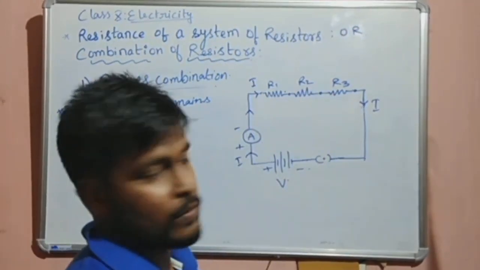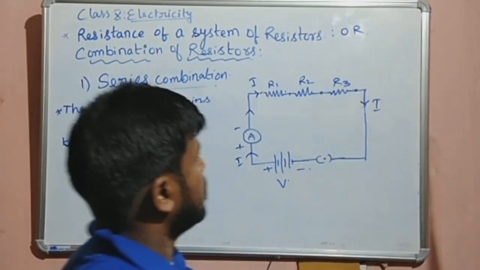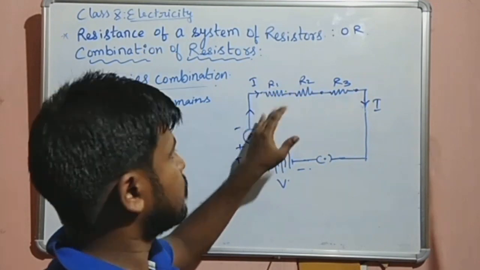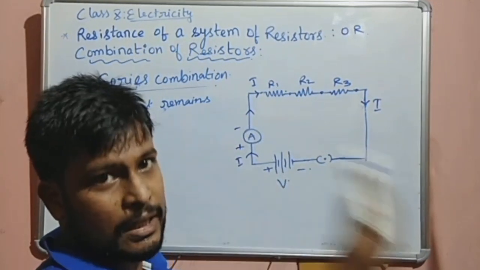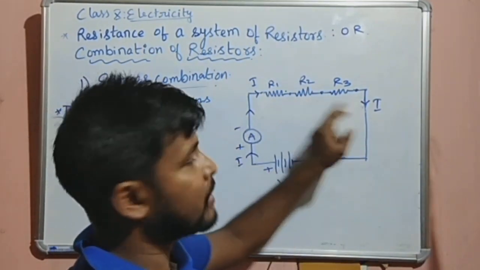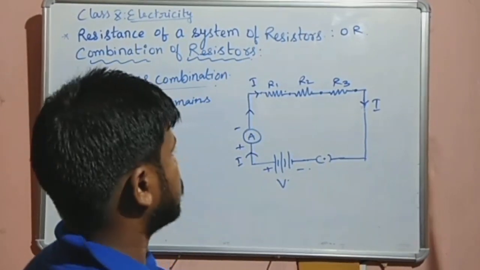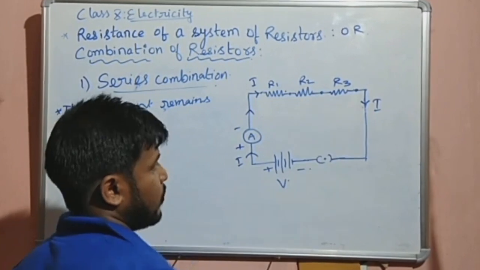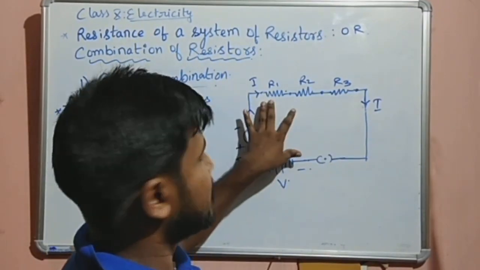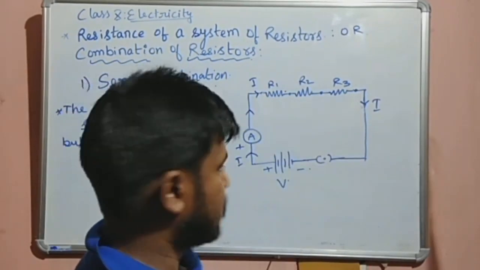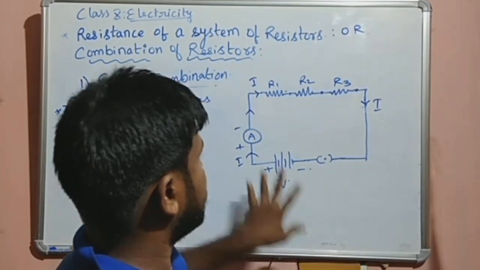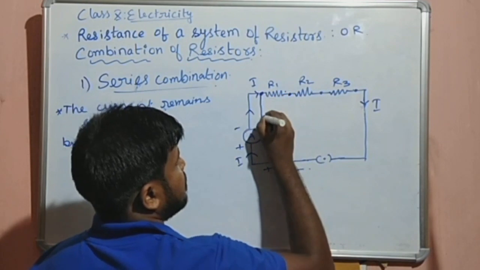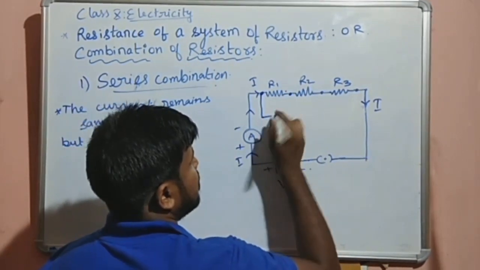He took something, and then R3 took something. Because all three are not equally hungry, they will eat as per their hunger. So suppose R1 ate some amount, R2 ate some amount, R3 ate some amount, but they ate different amounts of food. Similarly, the potential V will be distributed across these.